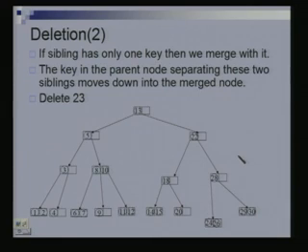We also saw that this process could go up and up, because effectively we have removed one key from this node. If this node had only one key, it would have become empty. If this 28 was not there, what would have happened? This would have become empty. Then we would have tried to borrow one from here, but we cannot because there is only one.